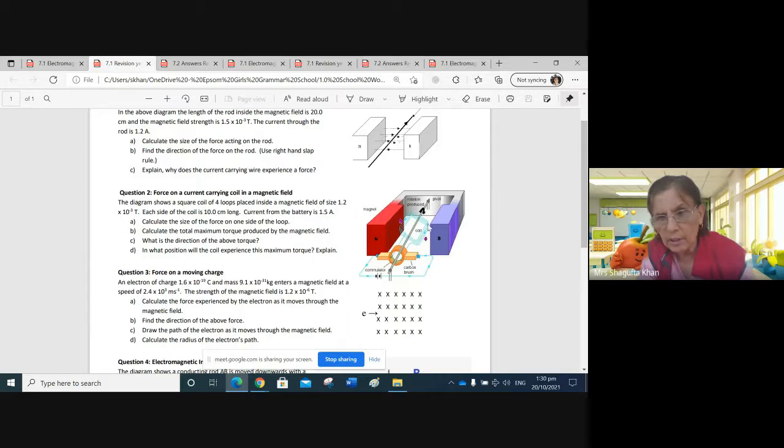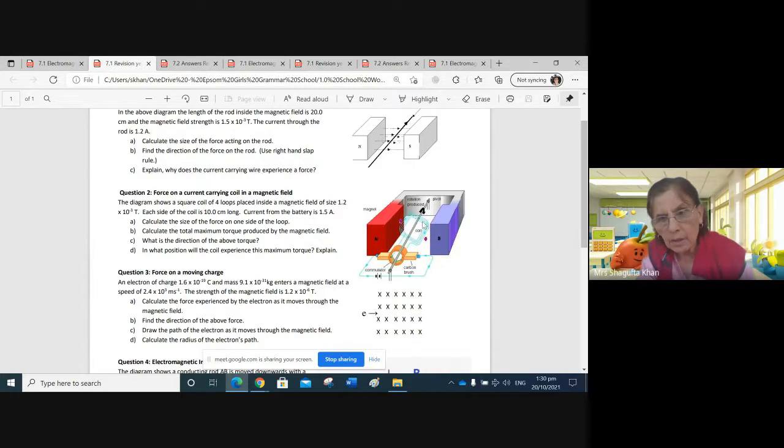So current is going like that, around like this one. Now this side over here is similar to where current was going there, so it will experience a force in a downward direction. This side will experience a force in an upward direction, because current in this one is in the opposite direction.